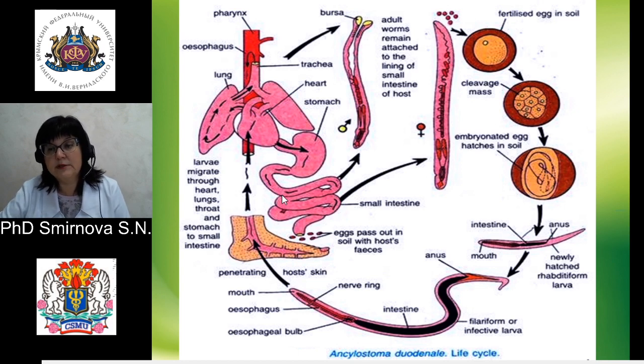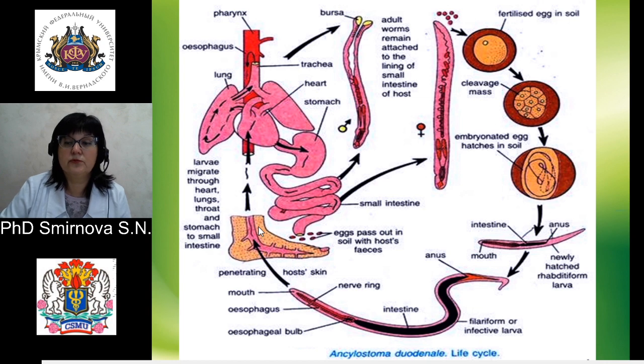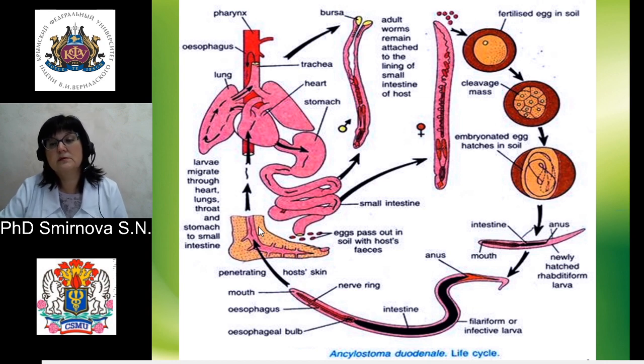More interesting is the way the larva penetrates the skin of the human and moves to the bloodstream. With the blood, this parasite first moves to the liver, then to the heart, then to the lung. After the lung, where it causes a cough in the human, the larva moves to the mouth cavity and the human can swallow this larva.